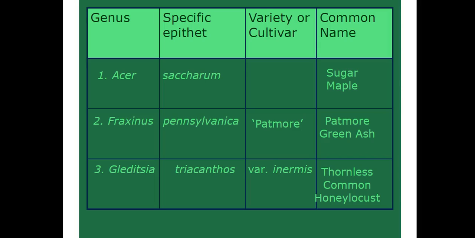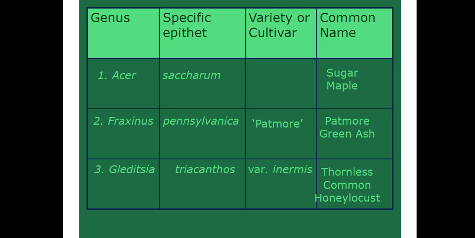So here are just some different species with varieties or cultivars. Acer saccharum, the sugar maple. Fraxinus pennsylvanica 'Patmore' is a cultivated variety of the green ash, the Patmore green ash, very popular in landscaping.